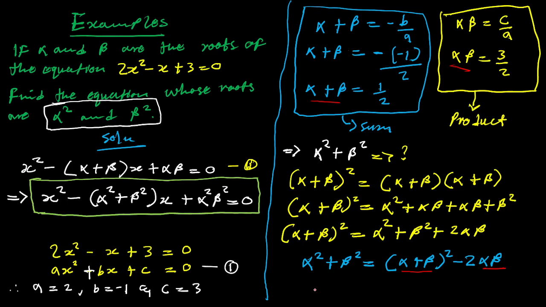This is how you're going to find it. Alpha squared plus beta squared is simply equal to alpha plus beta squared minus 2 alpha beta. Okay, then I'm going to write a note here so that you'll be able to remember.